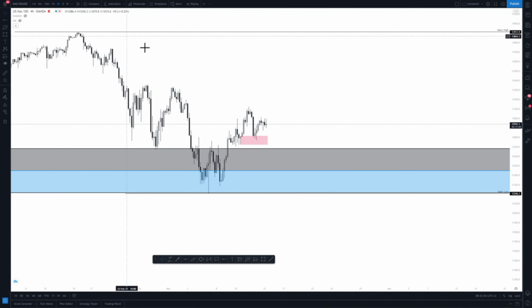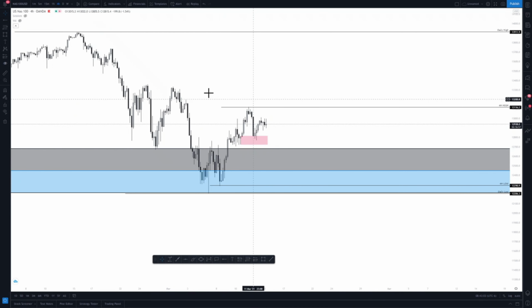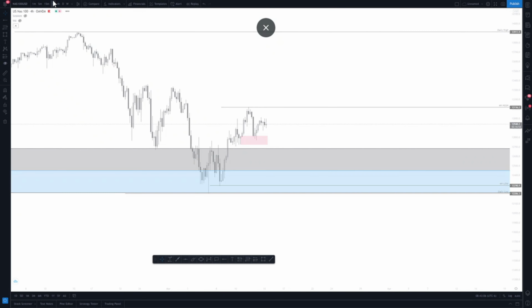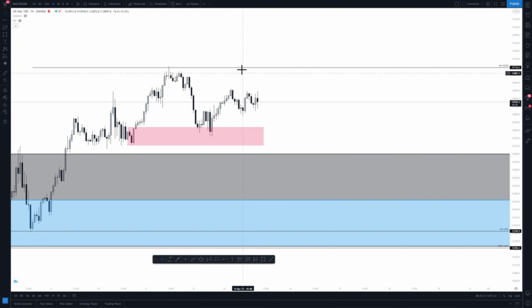So let's just go to our H1 time frame. But firstly, let's just have our H4 lows and our H4 highs. We have our H4 low and our H4 high. Then let's just go to our H1 time frame. If you can zoom in very well on our H1 time frame, we can see that the structure has moved up and came down a bit and pushed to the upside.